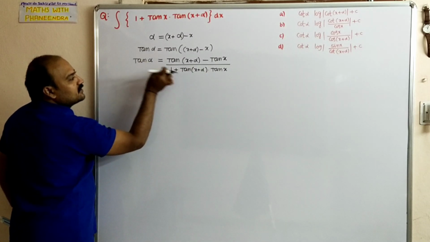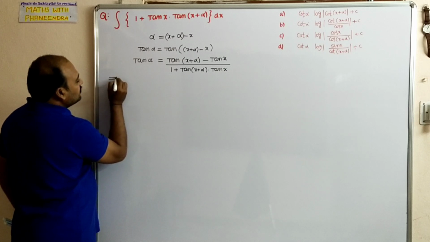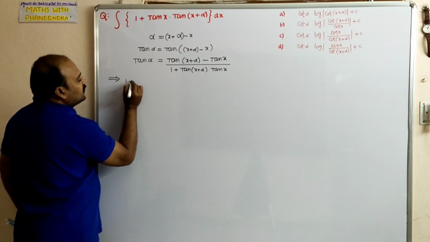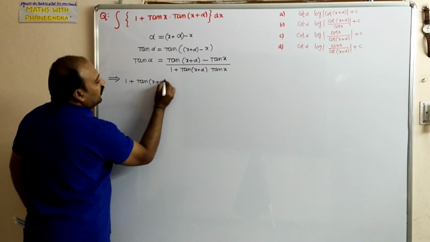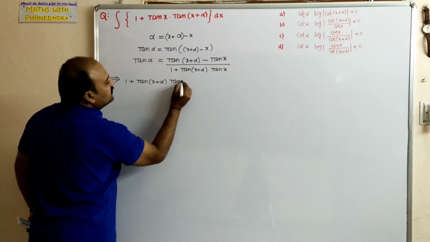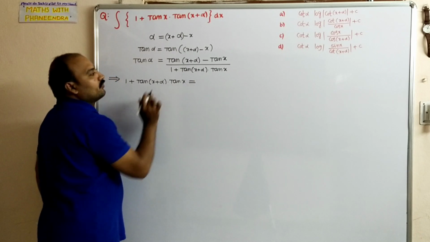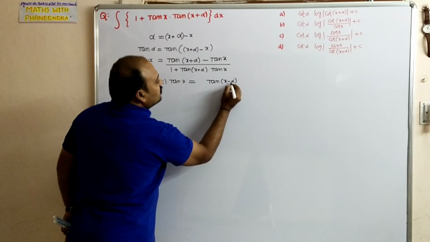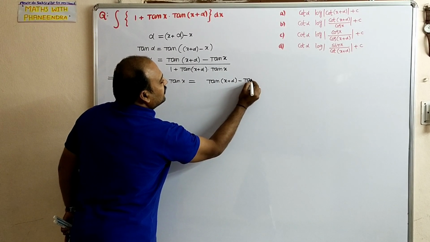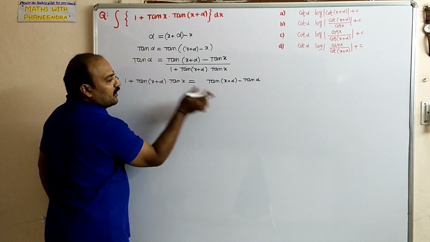So you just have to interchange this value with tan alpha. You have to interchange these places. That implies that 1 plus tan of x plus alpha into tan x is equal to tan of x plus alpha minus tan x, divided by tan alpha.